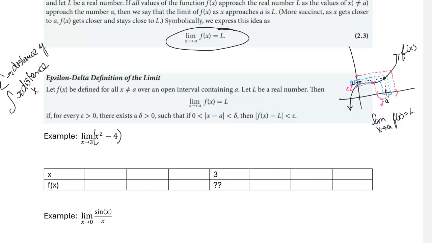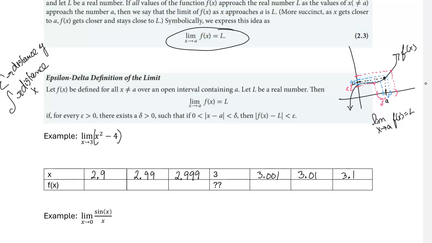So we want values that are really close to 3. So 2.9 is pretty close to 3. But we can get even closer by looking at 2.99 and then 2.999. Likewise on the other side, 3.1 is pretty close, but I can get closer by looking at 3.01, and then I can get even closer by looking at 3.001.